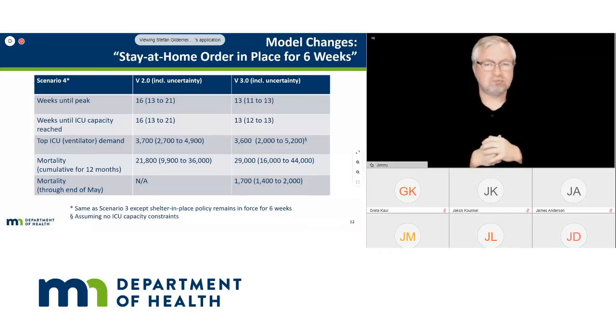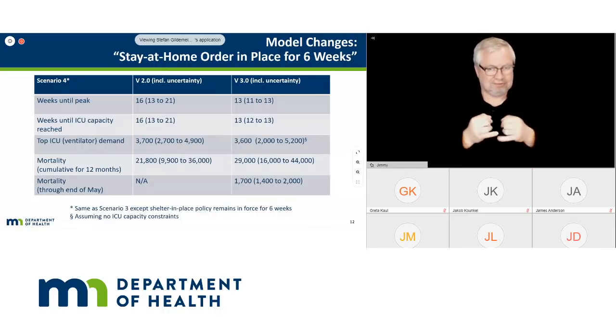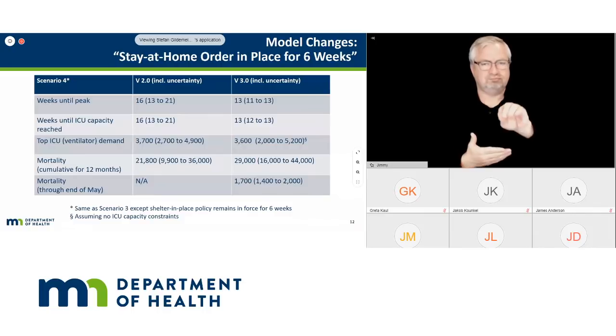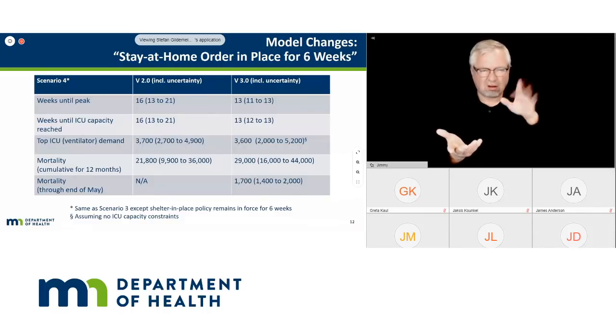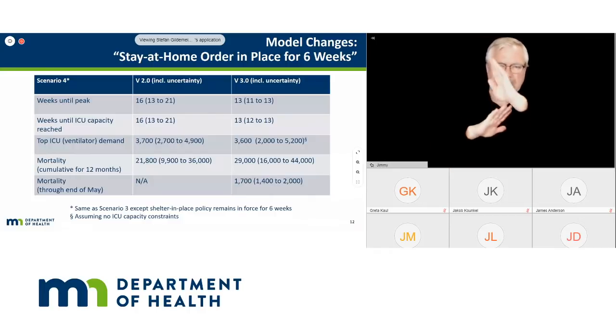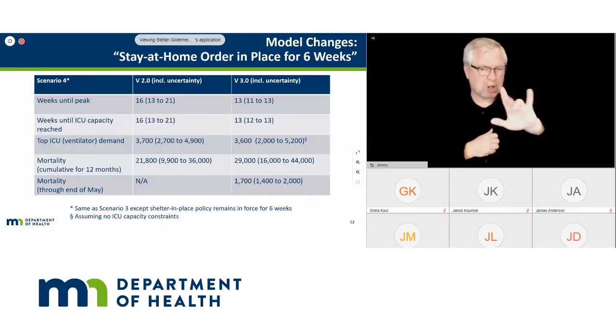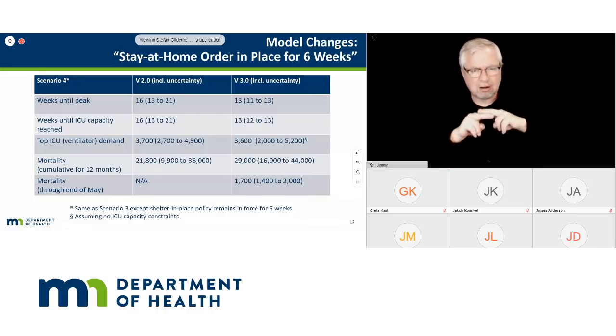And then we added, and we'll do that throughout, a mortality through the end of May to address some confusion that we've heard. Some folks have been looking at these numbers and have said, look, you estimate a peak in June or July, and then there are 20,000 deaths, but we only have 500 deaths or 540 deaths now. How does that work?